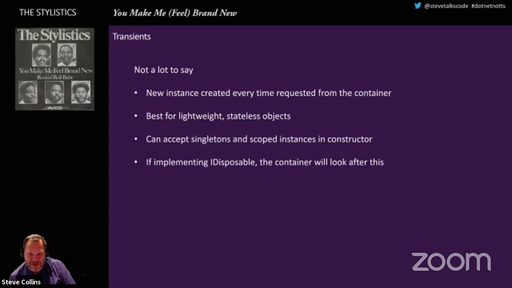They can accept both singletons and scoped instances. So because they're the shortest lifetime, they're the ones that can take the ones that have got the longest lifetime. With regards to IDisposable, as long as the container is doing the creation, then the container will look after calling the dispose method on IDisposable.